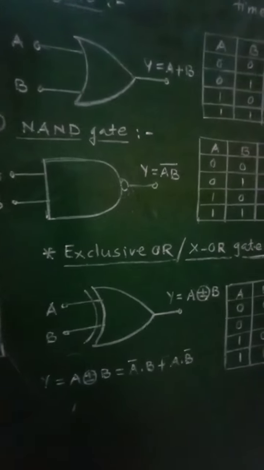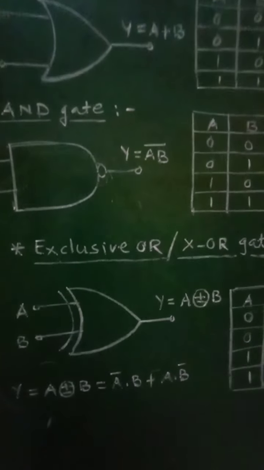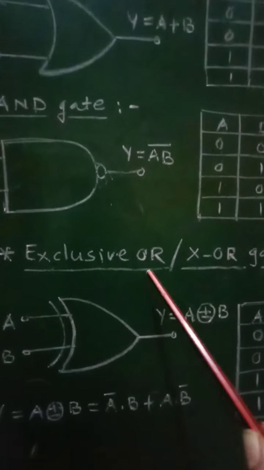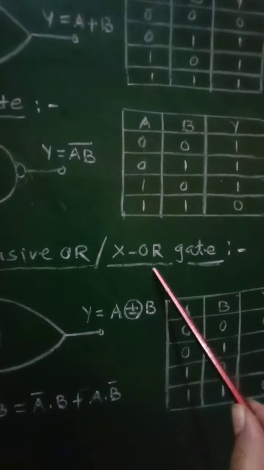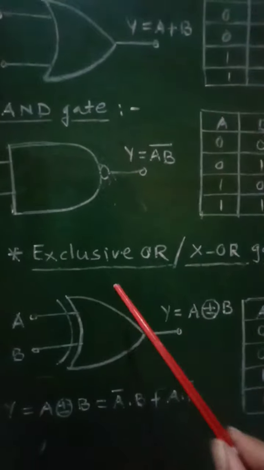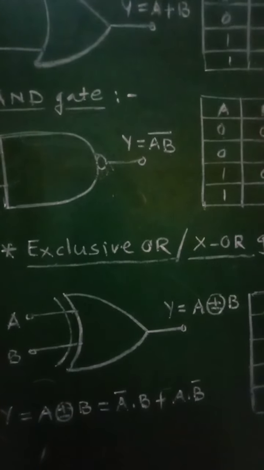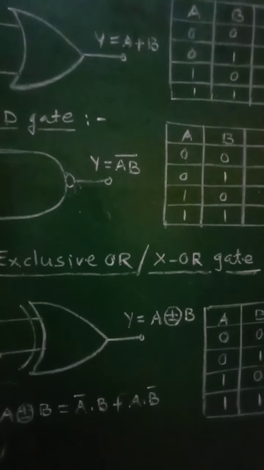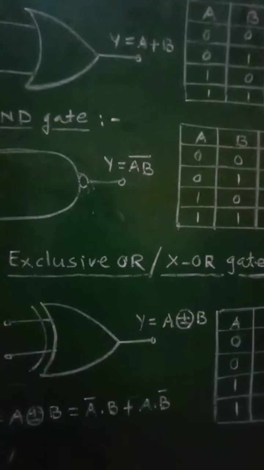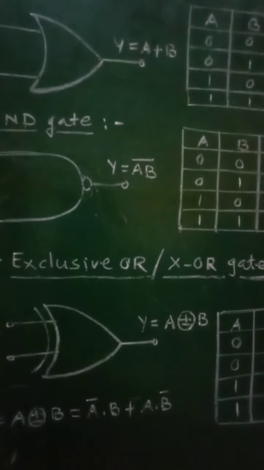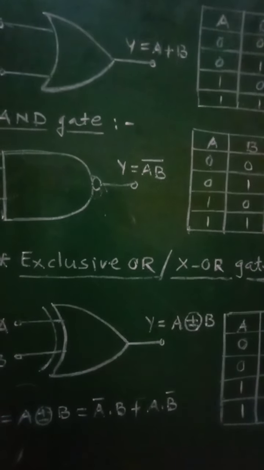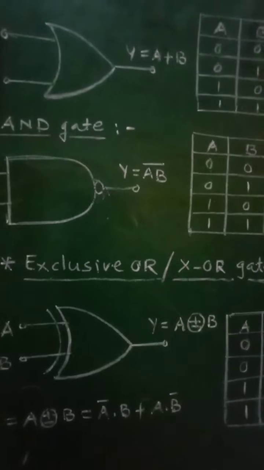Then one special gate we will consider. It is called exclusive OR, also called the XOR gate. This type of exclusive OR or XOR gate is used in many equipotential circuits.